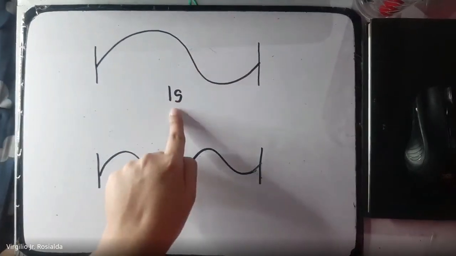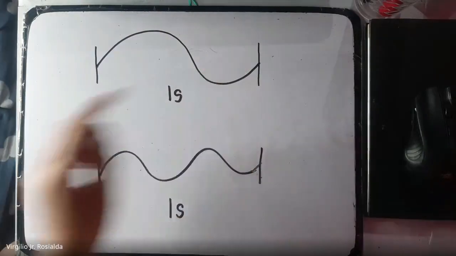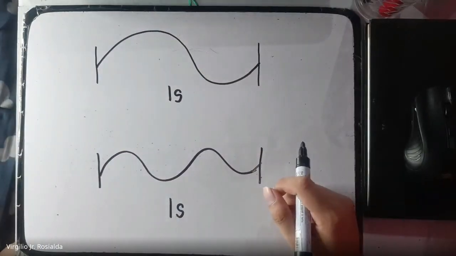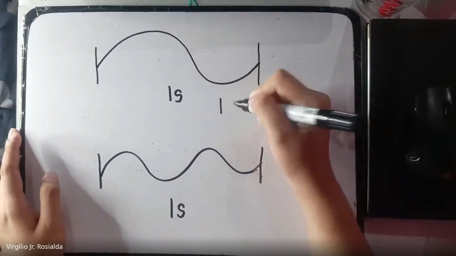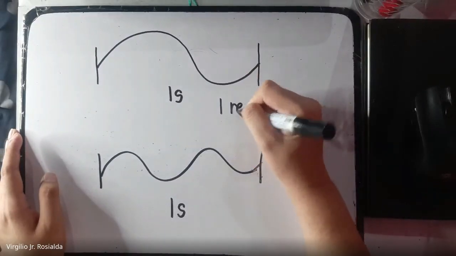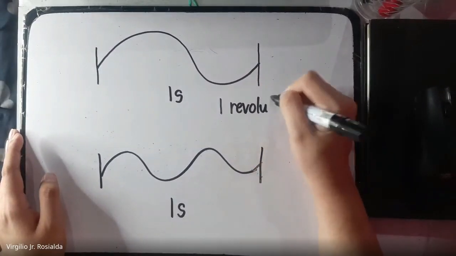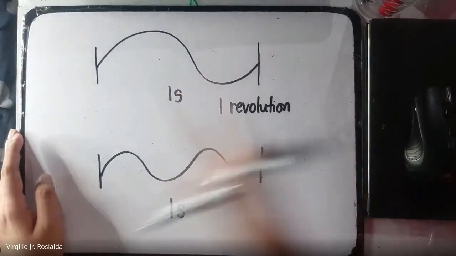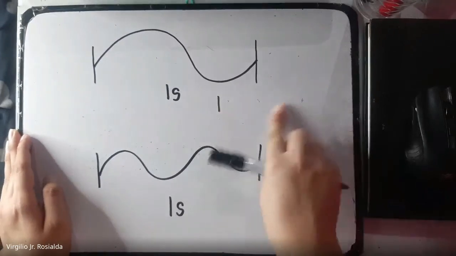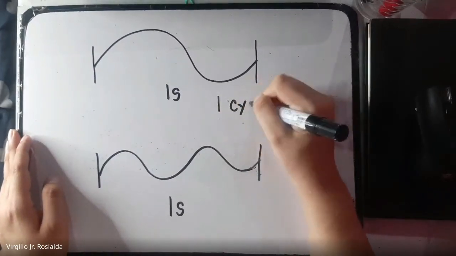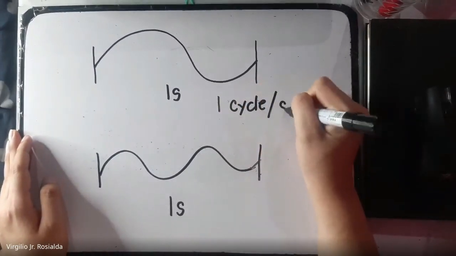For every 1 second, here in this particular wave, you have one complete cycle of wave. So, technically, this has one revolution or one cycle rather. One complete cycle per 1 second.